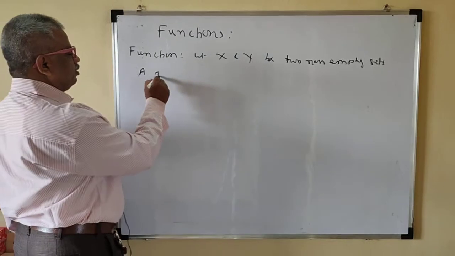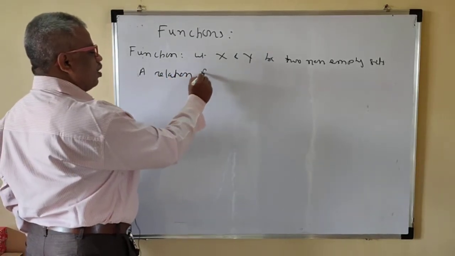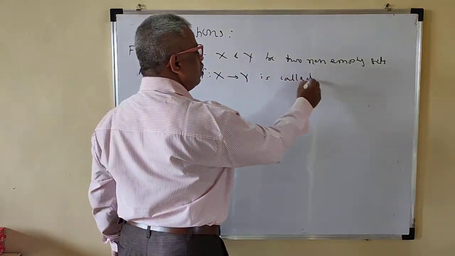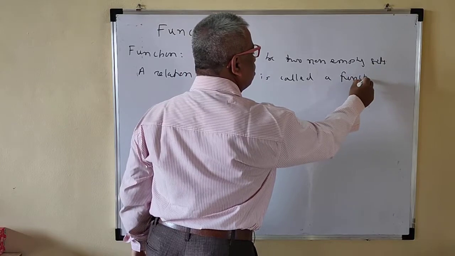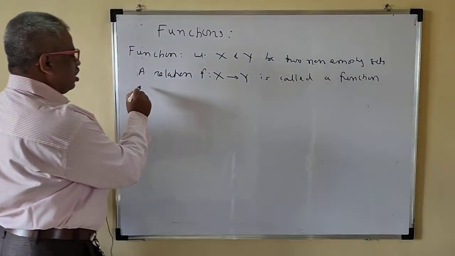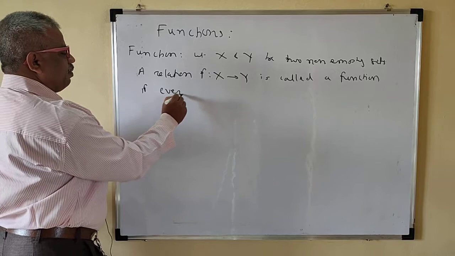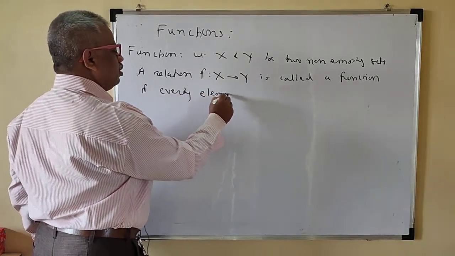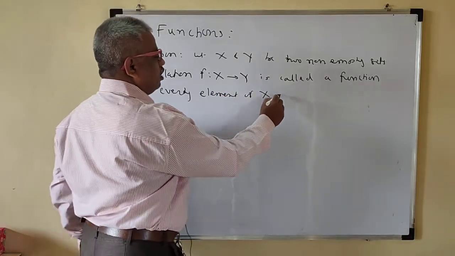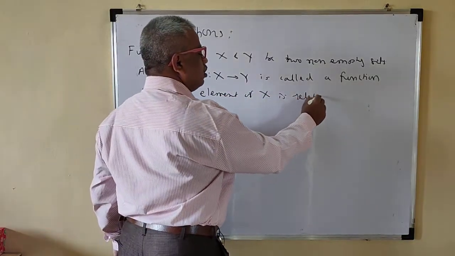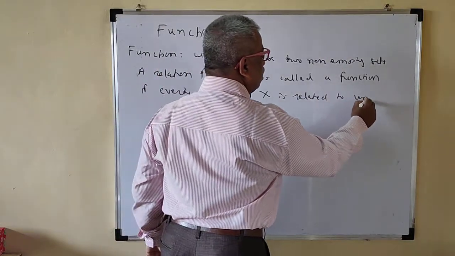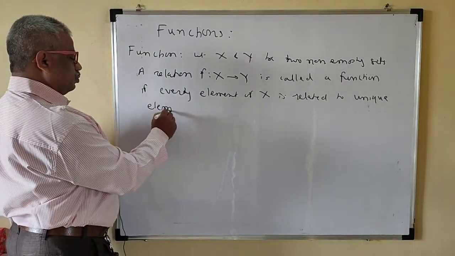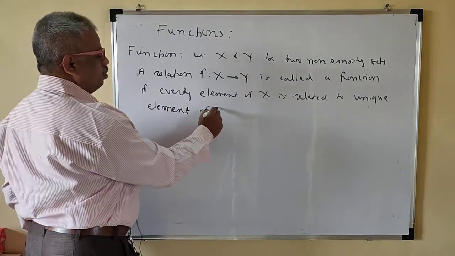A relation f from X to Y is called a function if every element of X is related to a unique element of Y. Unique means only one.